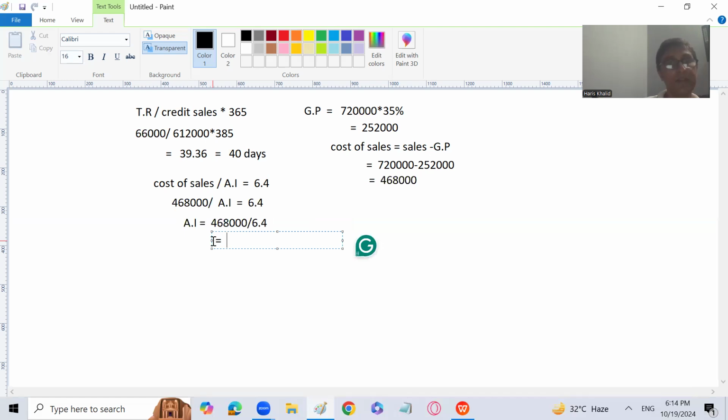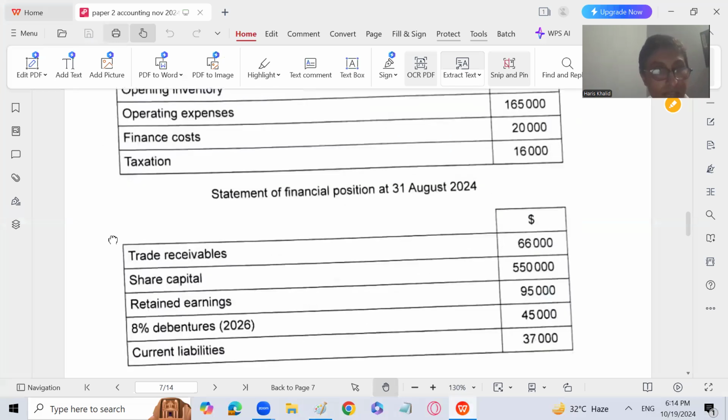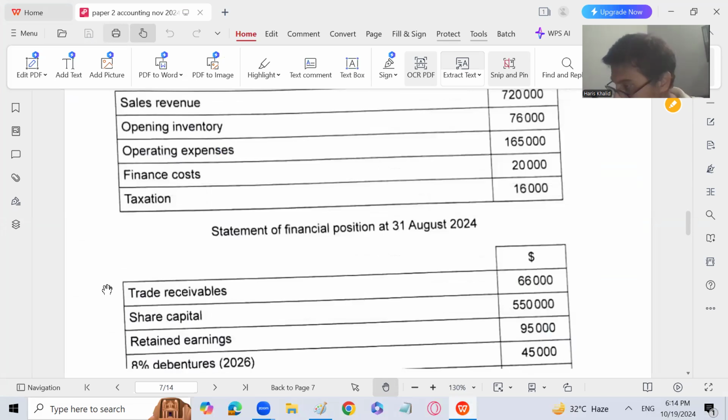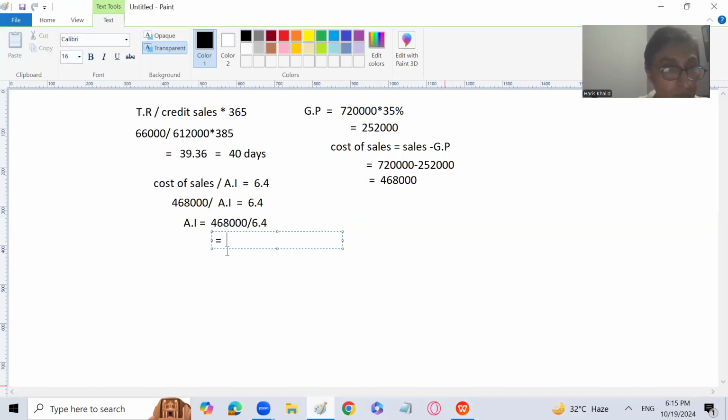You will get 73125 as the amount of average inventory.